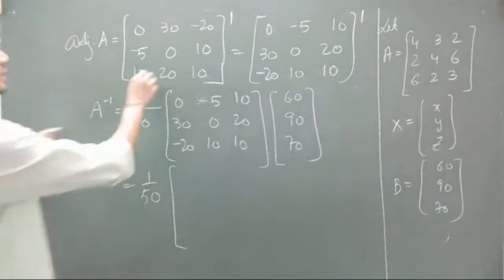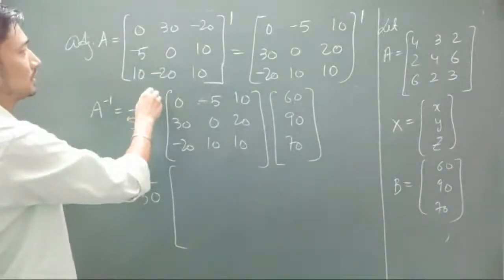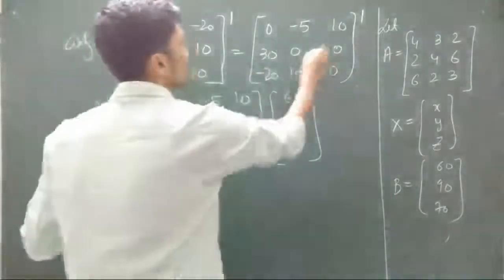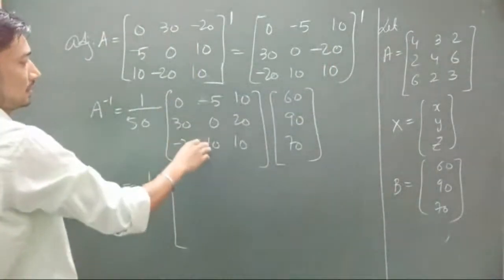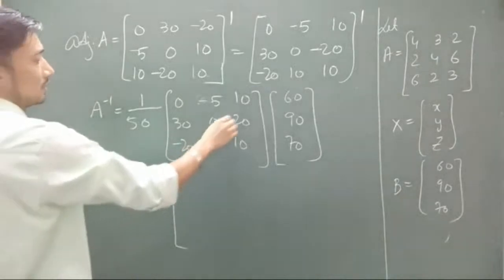This is minus 20, sorry. Just make some correction there. 30, 0, minus 20. I made a small mistake there. So 0, 30, minus 20.